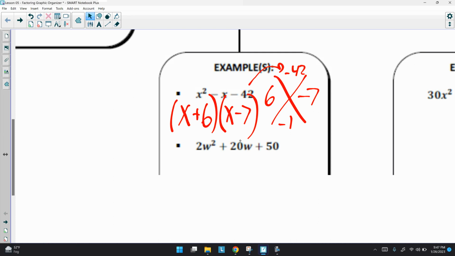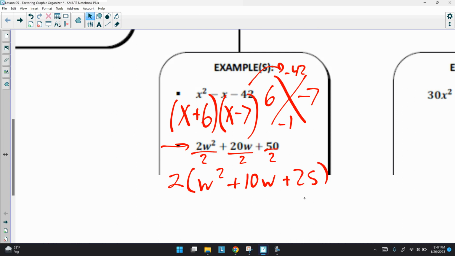All right, this next guy is going to have a greatest common factor, and this one's just going to be a 2. So 2 parentheses, w squared plus 10w plus 25. Again, the 2 is going to be on the back burner, so I'm just going to put it right there. And I'll just go ahead and set up some parentheses here. I know w is going to be a contender, so I'll put that in there.